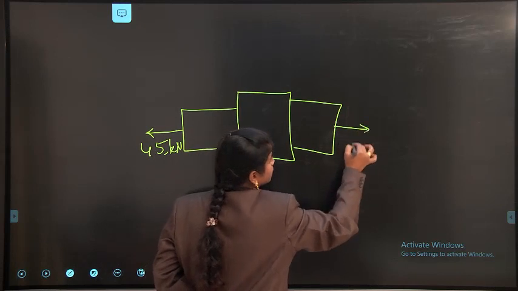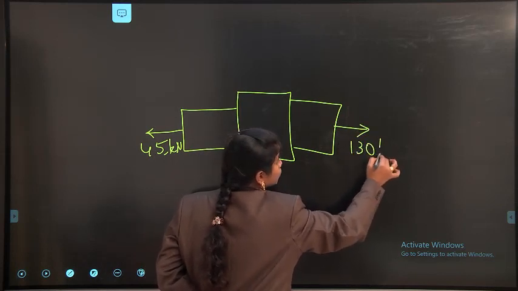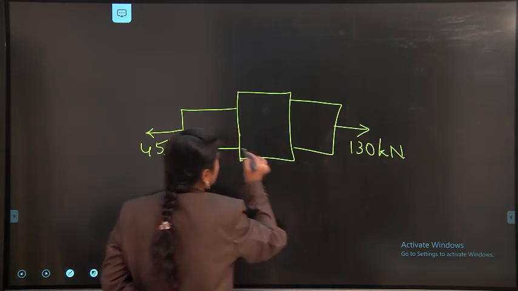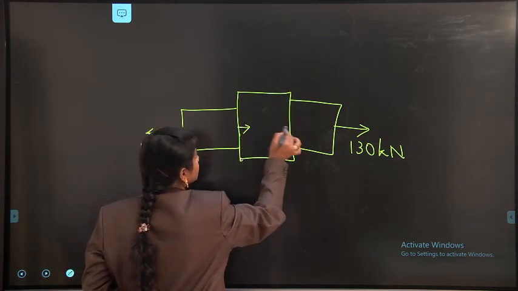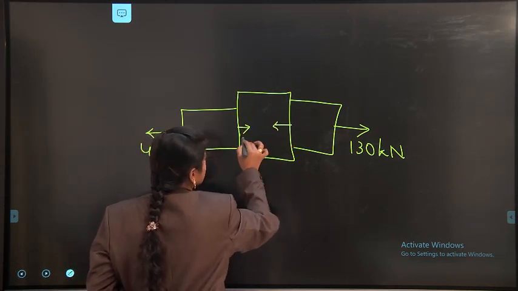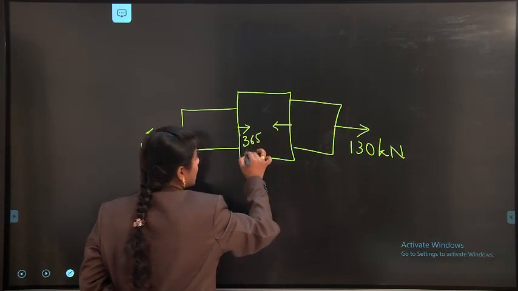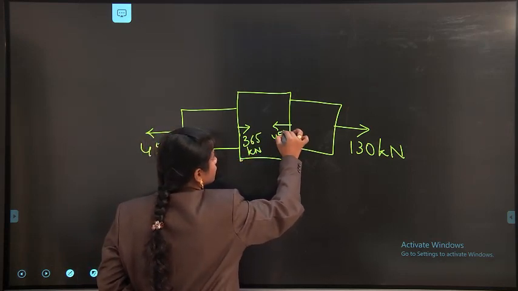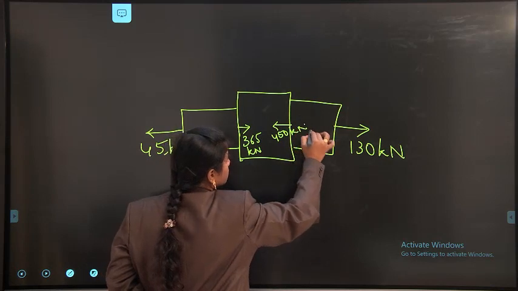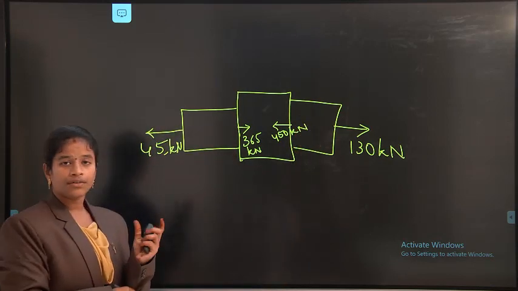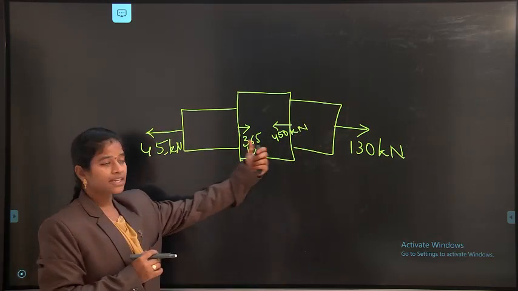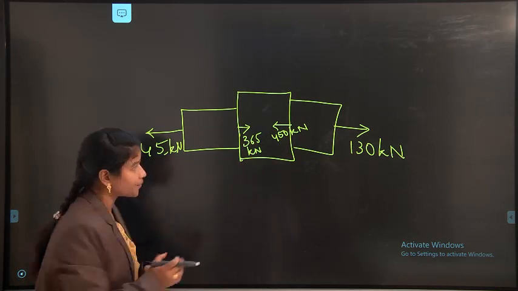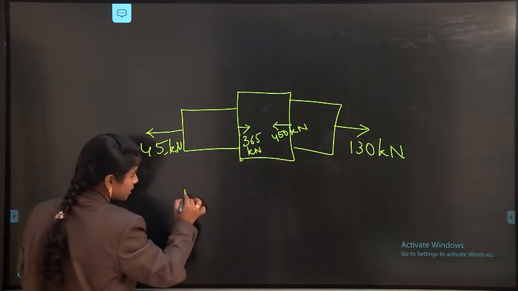Here we are having 130 kilonewton. And in the problem, they have given 365 from the calculation. We have got this, and 450 kilonewton in the problem. They have given that, right? So, these are the load values. Now, I am taking the first segment out.